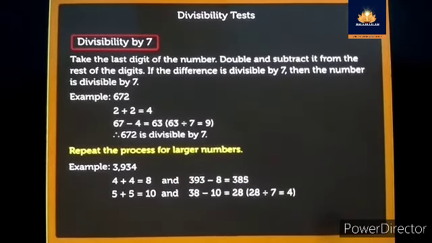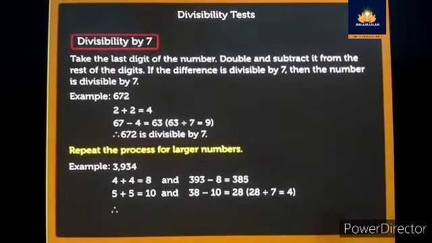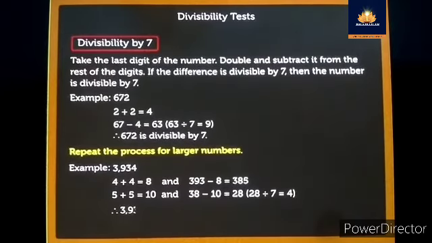Twenty-eight is divisible by 7, hence 3,934 is divisible by 7.